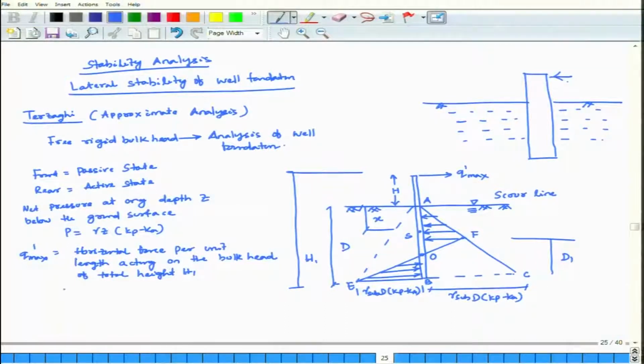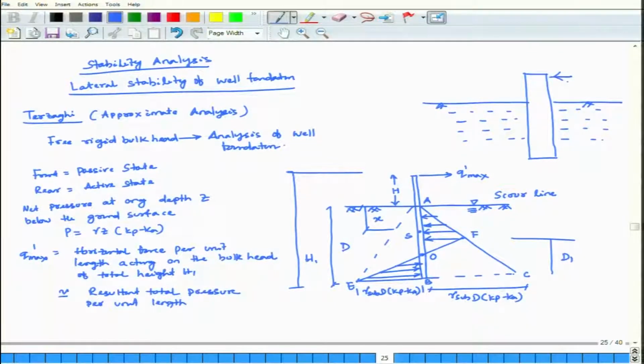I can write Q maximum prime as the resultant total pressure per unit length.